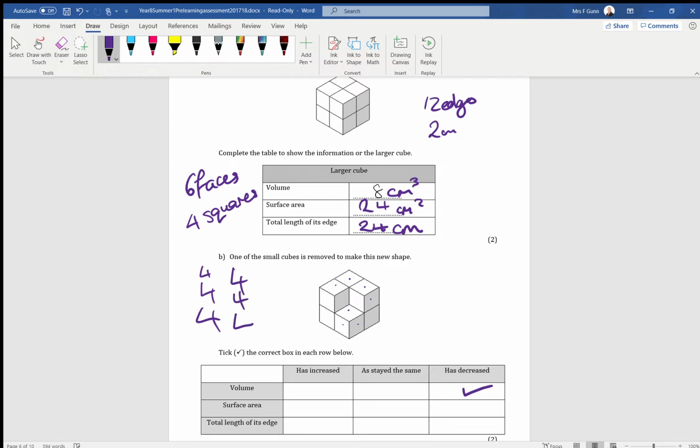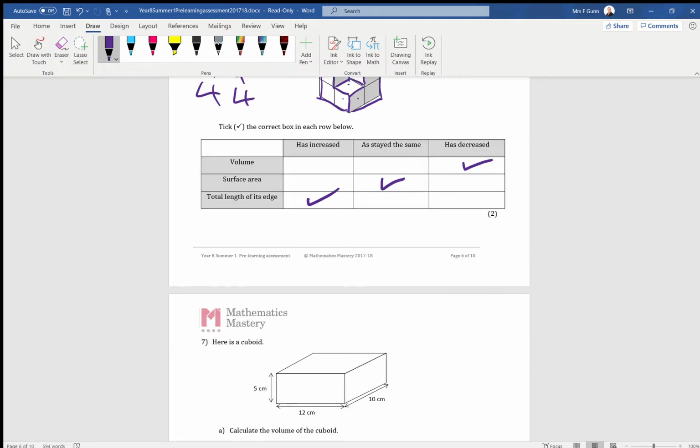And on the bottom is still going to be 4. So actually it stayed the same. And the total length of its edges, well, I've got 2, 4, 5, 6, up to 26. It's gone up. Okay, so that's all I have to do. Just think about it logically.